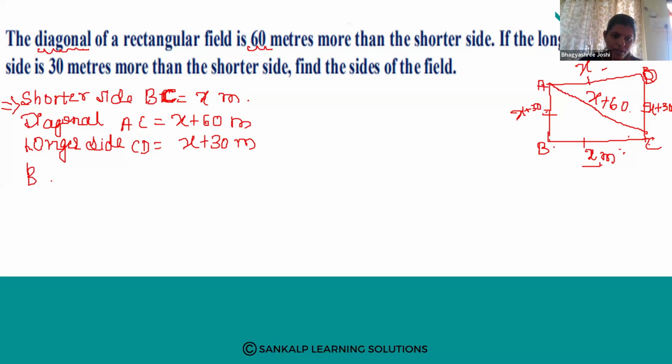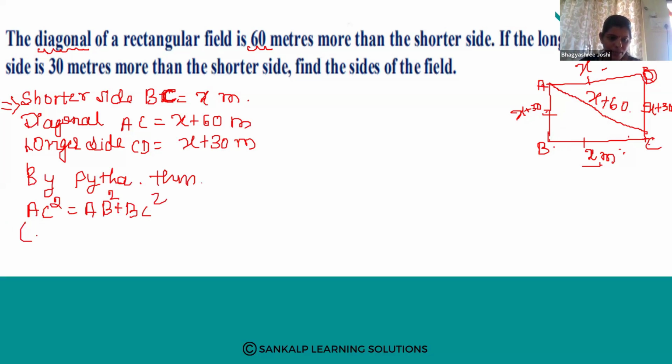So by Pythagoras theorem, AC square, diagonal square, is equal to AB square plus BC square. Then what is the value of AC here?